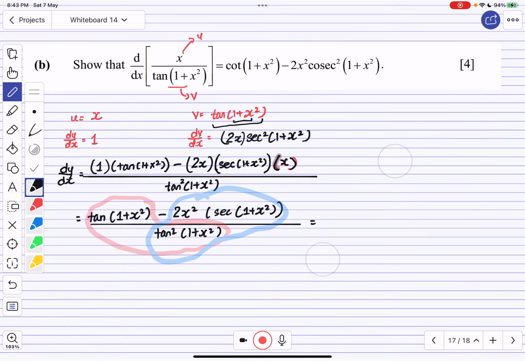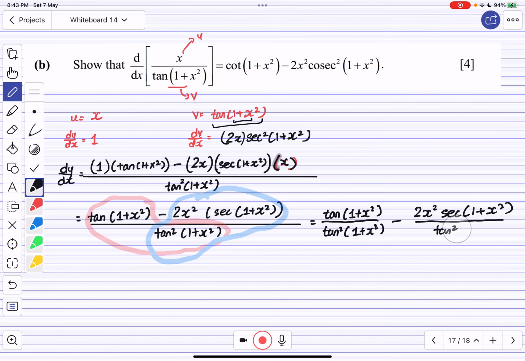So splitting them up, I have tan(1 + x²) over tan²(1 + x²), subtracting away 2x² sec(1 + x²) over tan²(1 + x²).